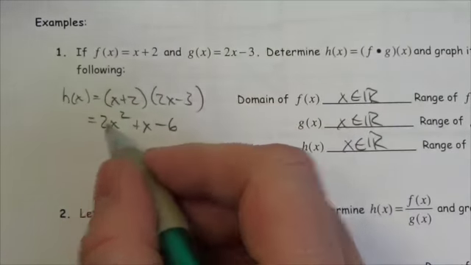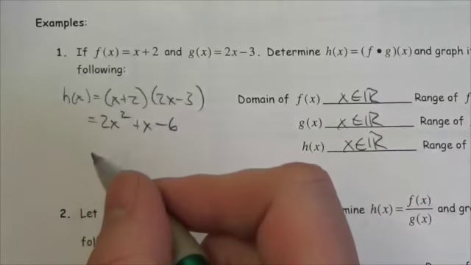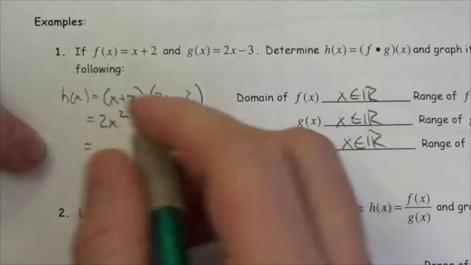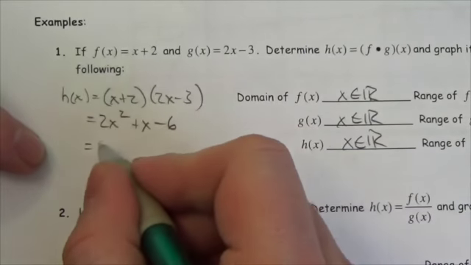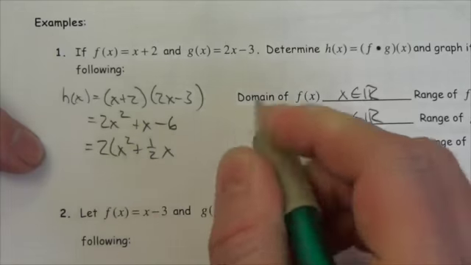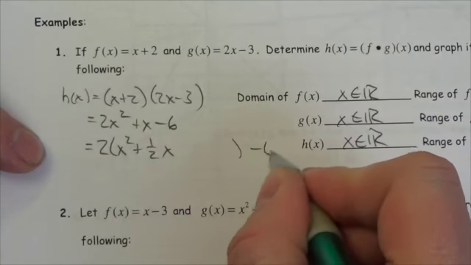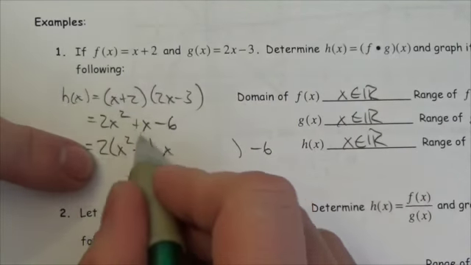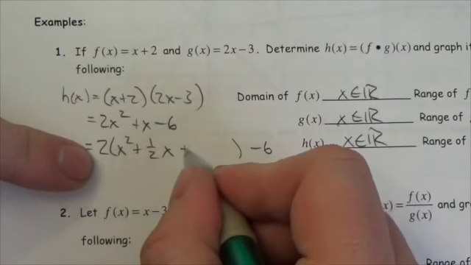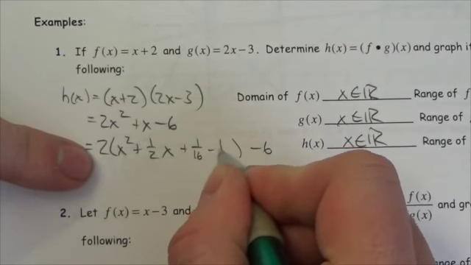And what I might do here is complete the square to figure out what the vertex is going to be. So take out the 2 here, x squared plus 1/2 x. Okay, now I'm going to move that negative 6 out of the way here. And then half of this is going to be 1/4 squared. So I'm going to add 1/16 minus 1/16.